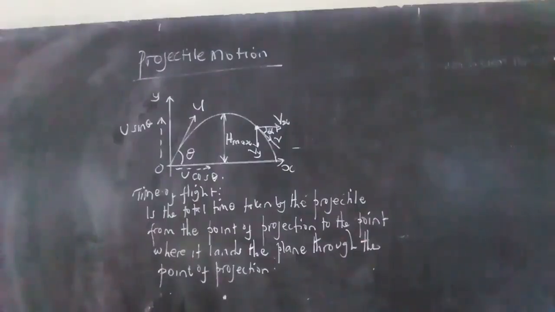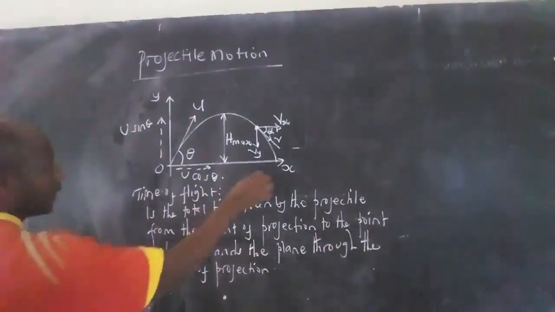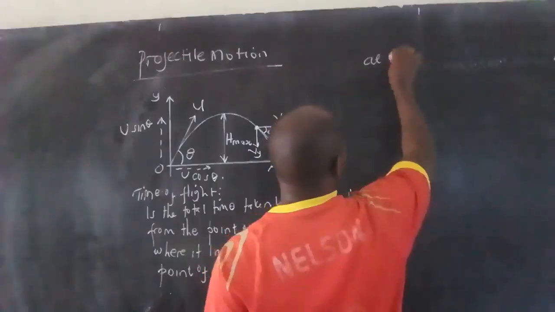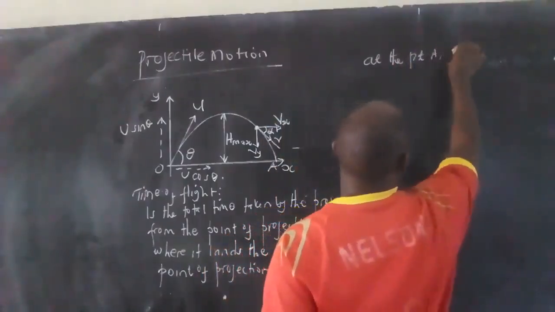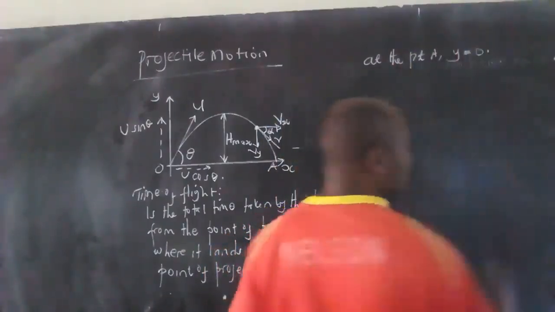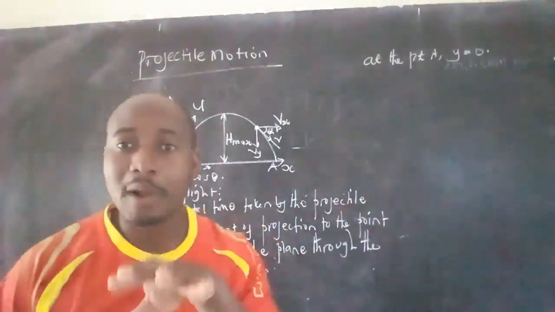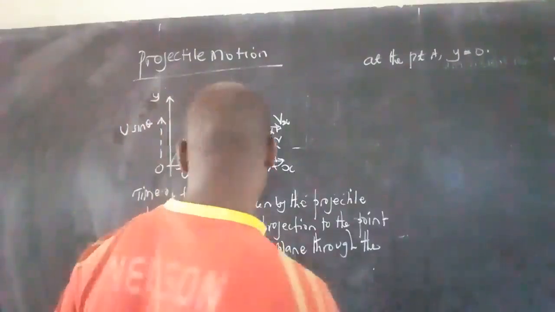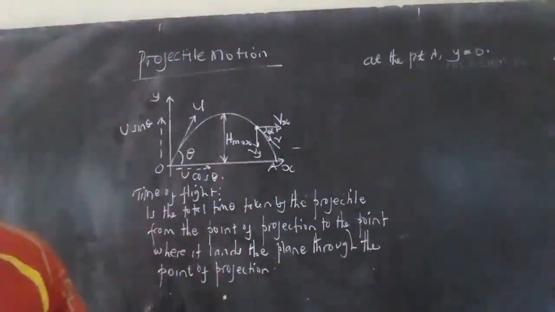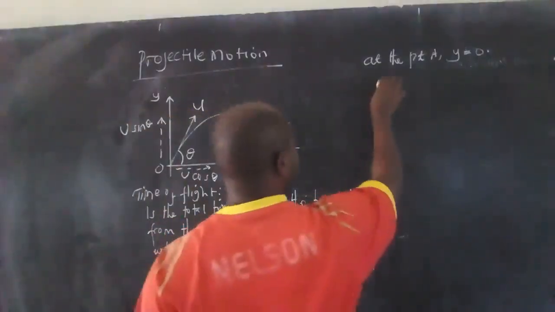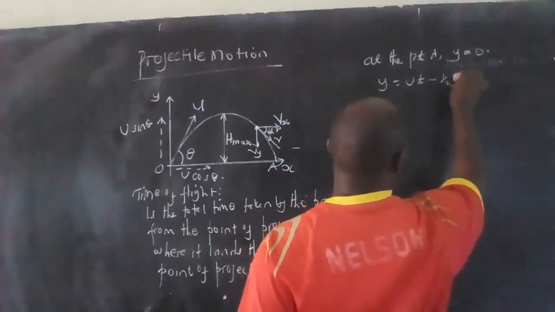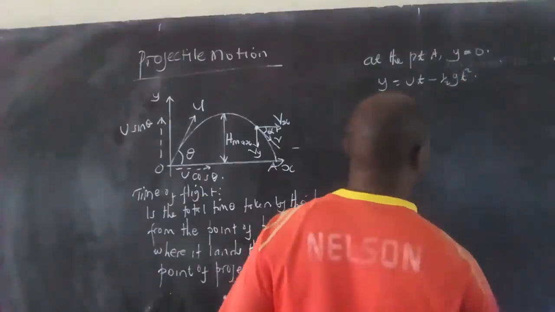So we shall now say at the point, let me say this is A. At point A, distance y is equal to 0. When the ball has landed on the ground, the vertical distance becomes 0. Therefore, y is equal to ut minus a half gt squared.